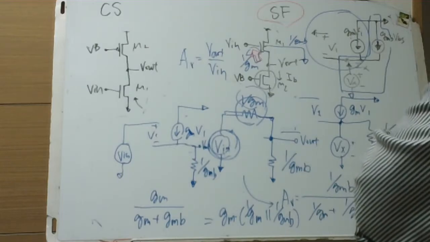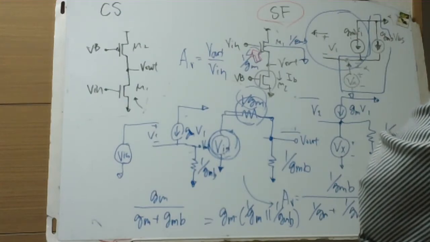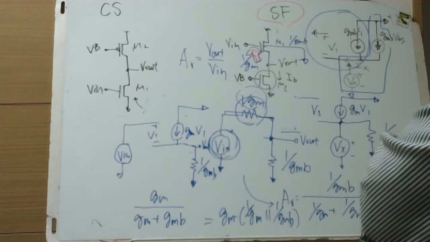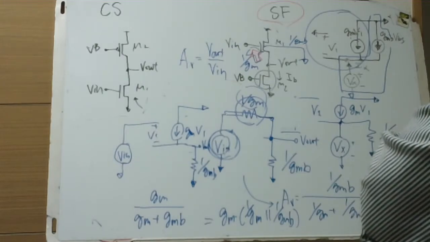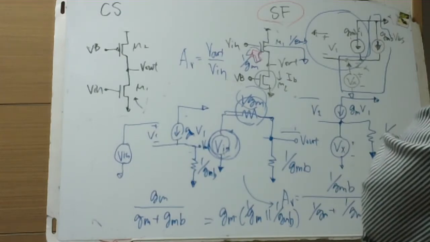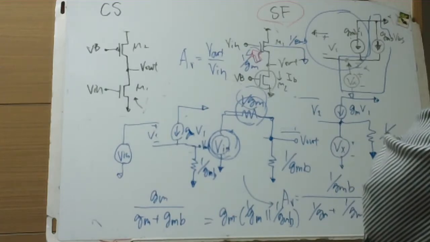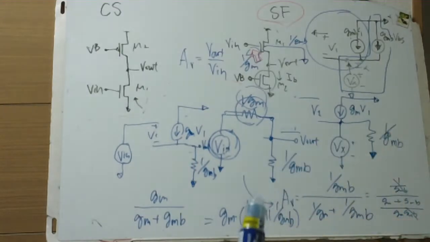We need just to do the Thevenin-Norton equivalence, but for AV we need V out and V in, not V1, the gate-source voltage, but the gate-to-ground voltage. Well, it's not so difficult.